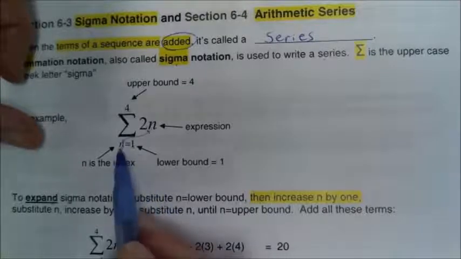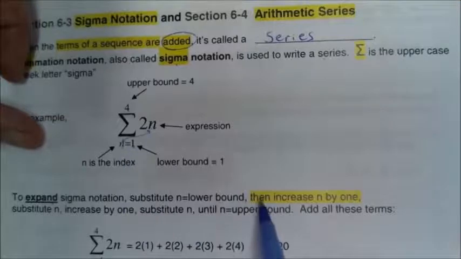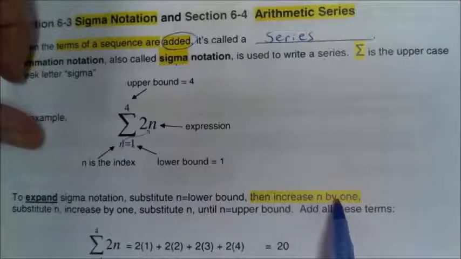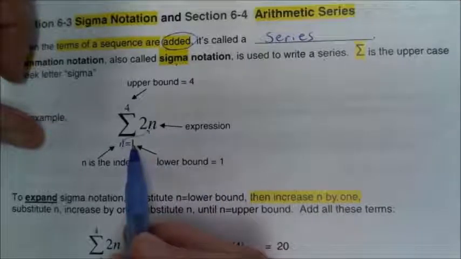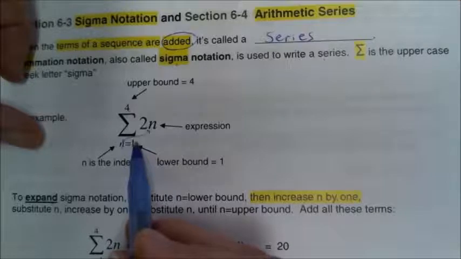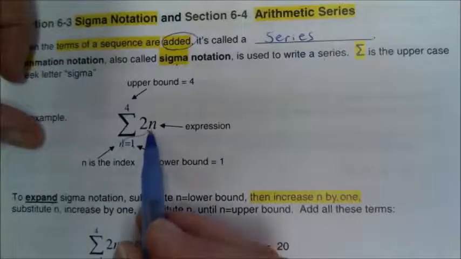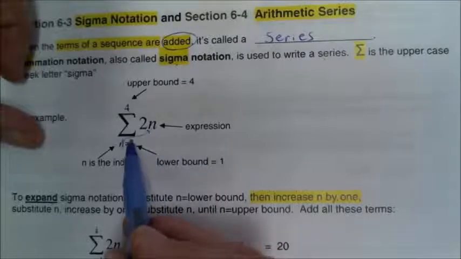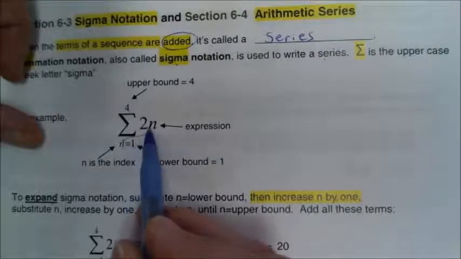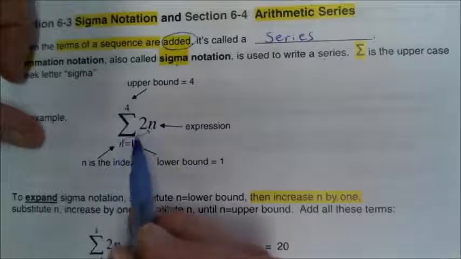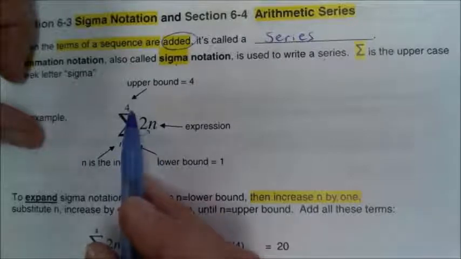So you start this n value at 1. Then you increase n by 1, so you'd bump it up to 2. And then you substitute in for n into the expression, bump it up by 1, substitute in, bump it up by 1 until you reach the upper bound.